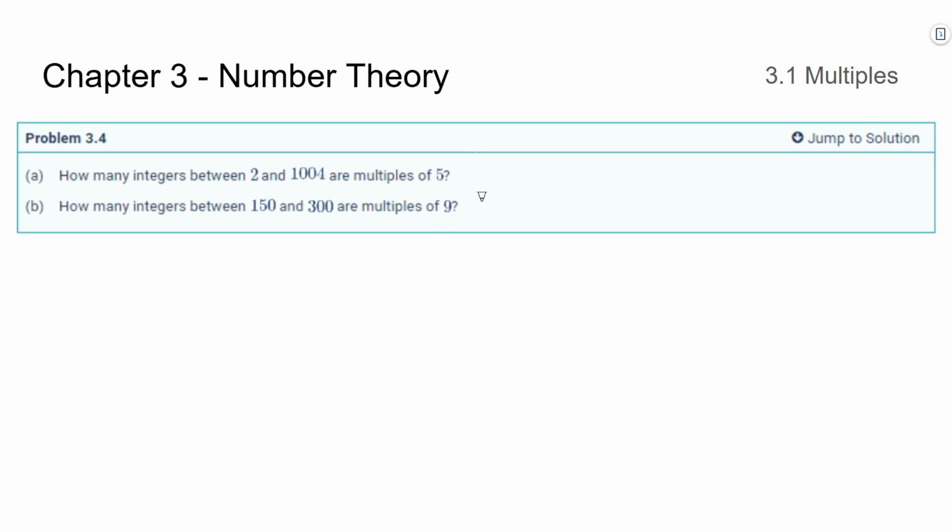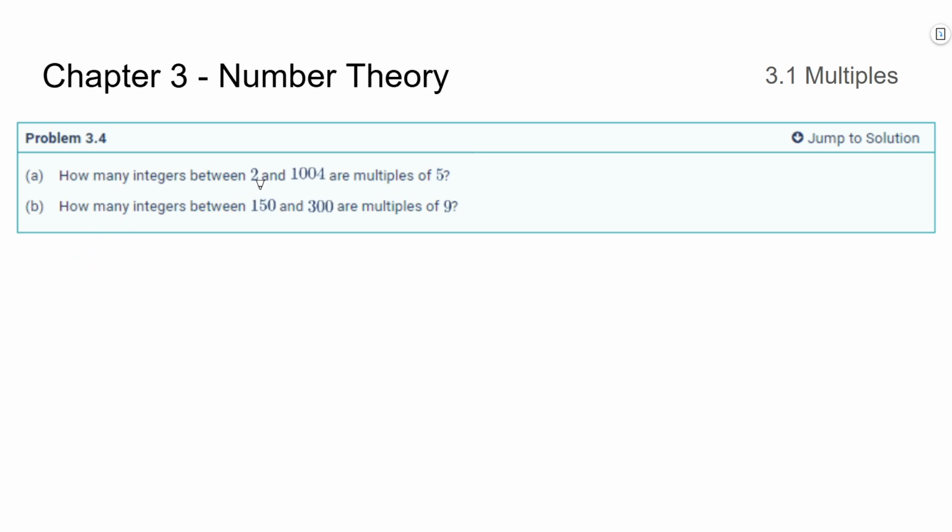Okay, so we know that the multiples of 5 between 2 and 1004 are, for example, 5, 10, 15, 20, all the way up to 1000. So how many numbers is that? Let's express these in terms of a number times 5.